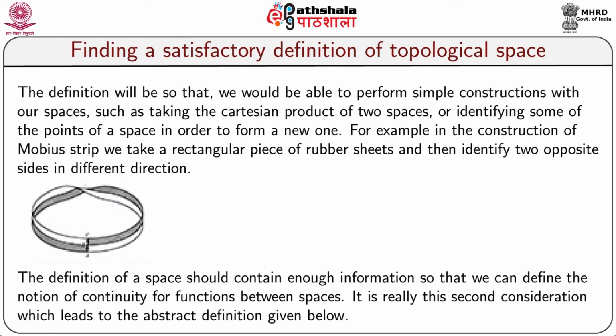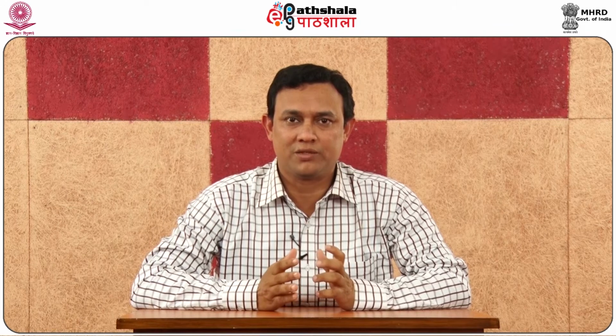Let us consider a very beautiful example of topological spaces, which is called the Mobius strip. One beautiful example of a geometric object is the Mobius strip, which you have seen in the last slide. To construct a Mobius strip, let us take a plain rectangular piece of paper, then identify the left side and right side, making the direction opposite.